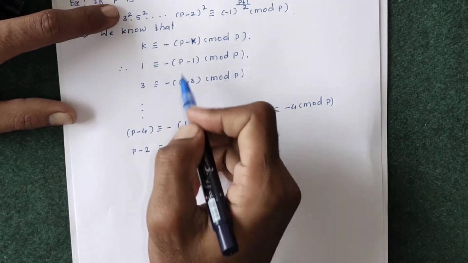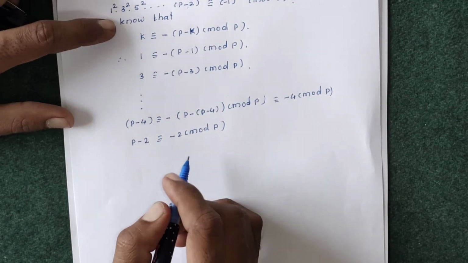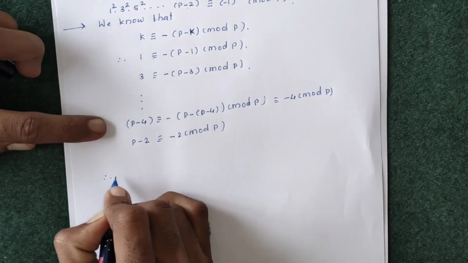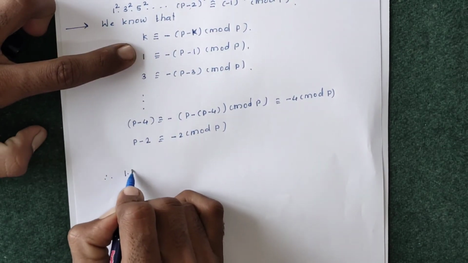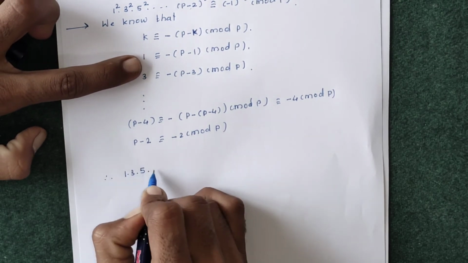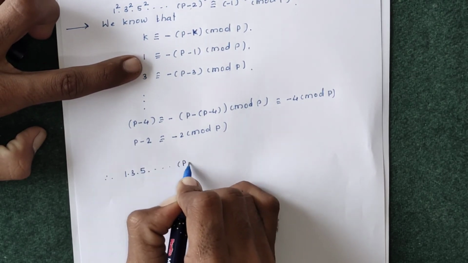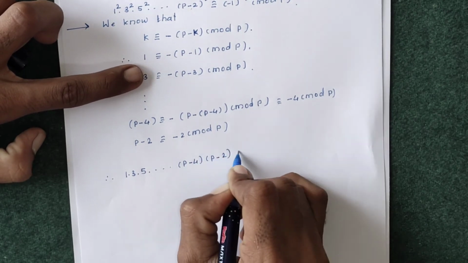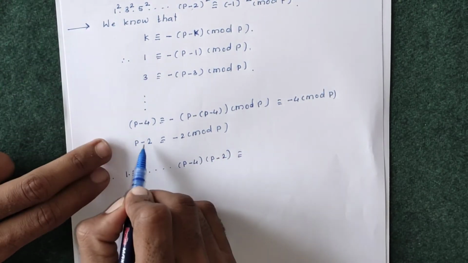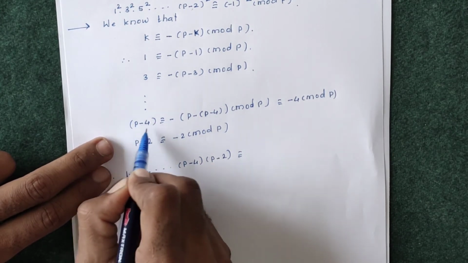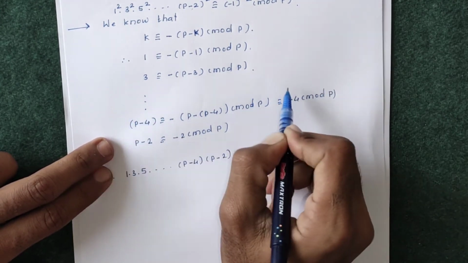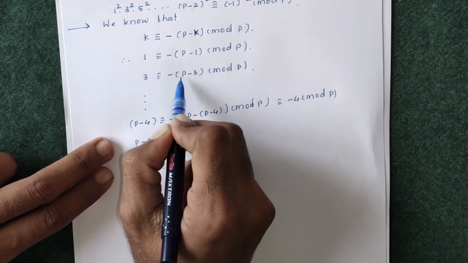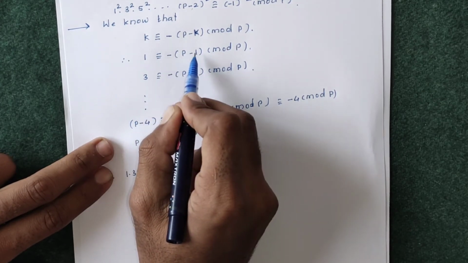So multiplying these congruences with each other, we can write 1 into 3 into 5 up to p minus 4 into p minus 2 is congruent to, now p minus 2 is congruent to minus 2, p minus 4 is congruent to minus 4, p minus 6 is congruent to minus 6. Similarly minus of p minus 3, minus of p minus 1.